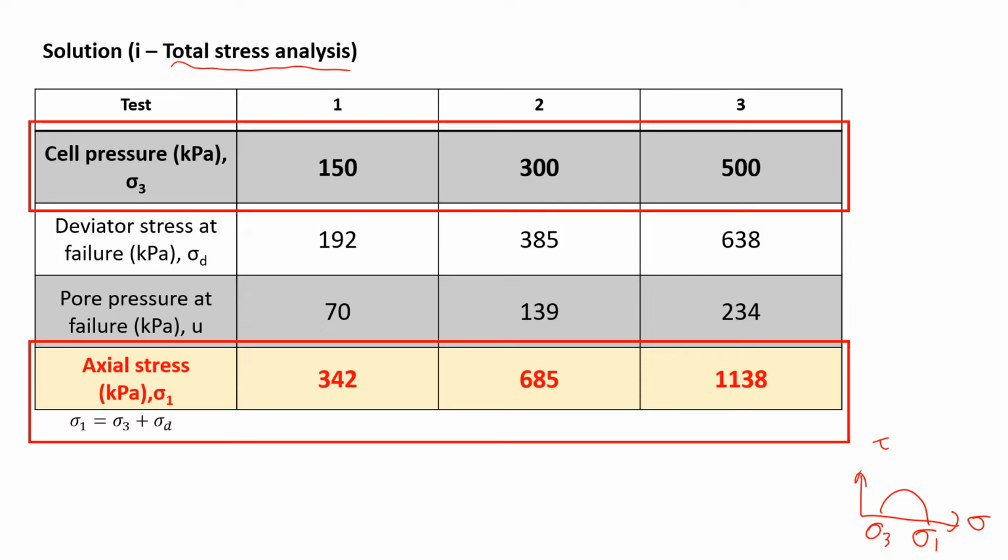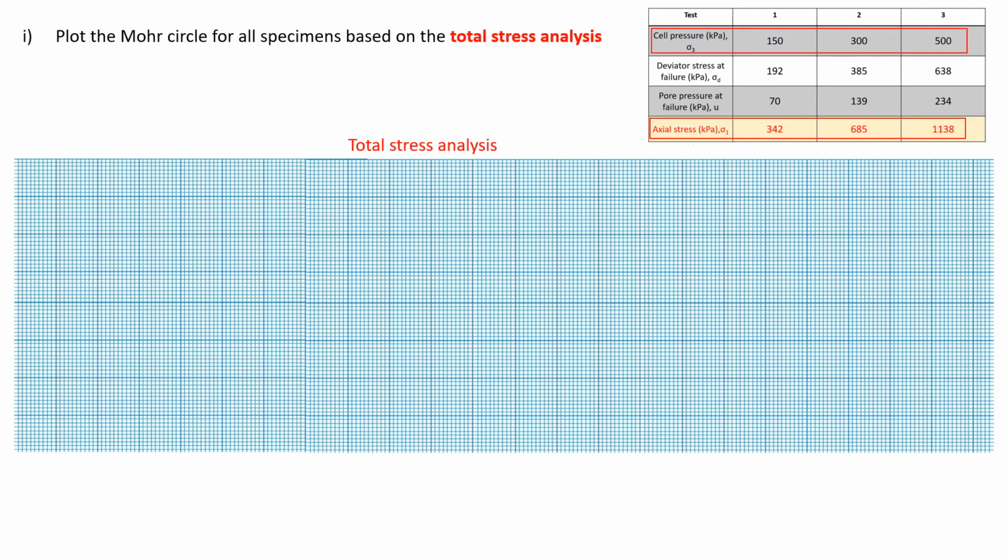Since this question already gives you the sigma 3 value and also gives you the deviator stress, you can simply get the sigma 1 by using this equation: sigma 1 is equivalent to sigma 3 plus sigma D. So you will have the value for sigma 1. Once you have sigma 1 and sigma 3, you can simply plot the graph for the total stress analysis.